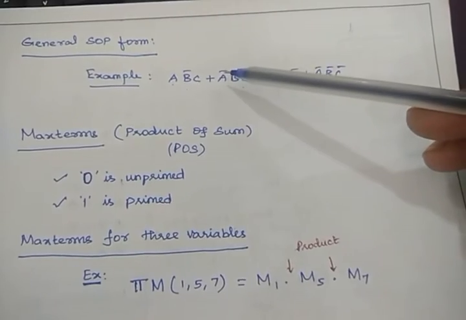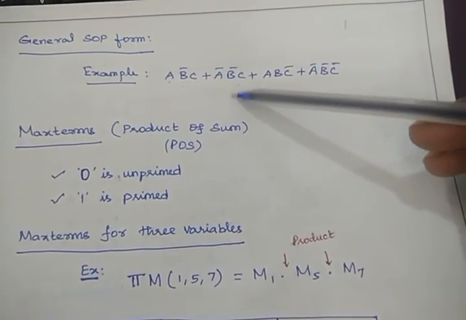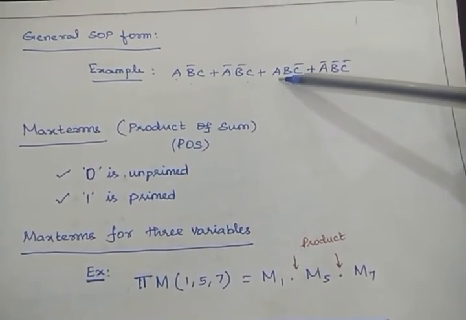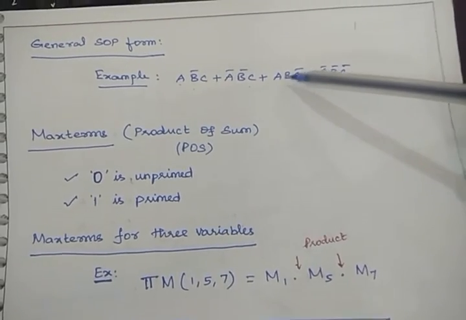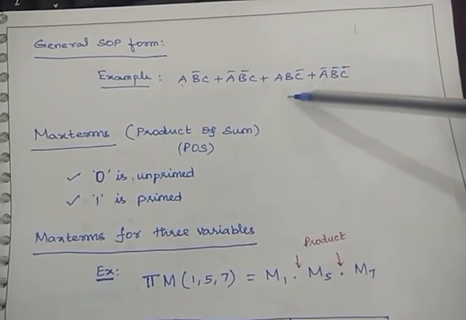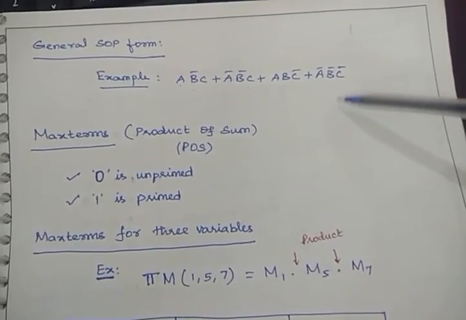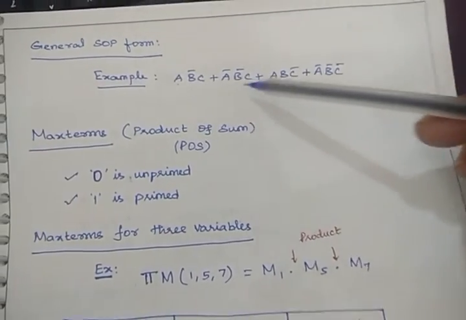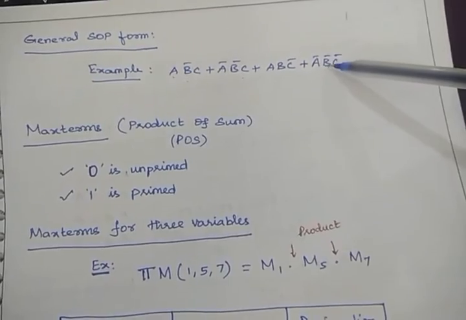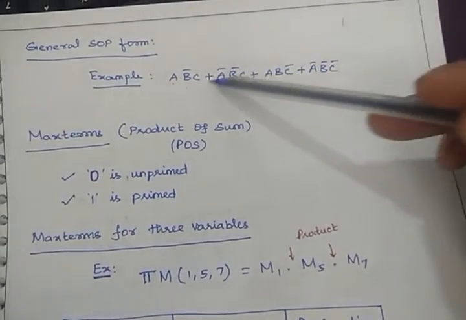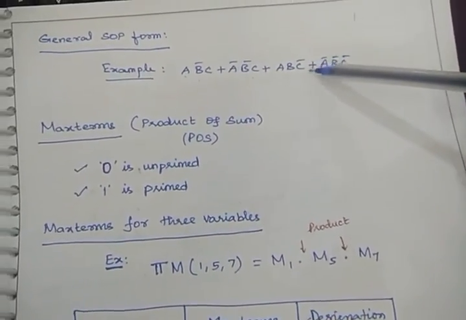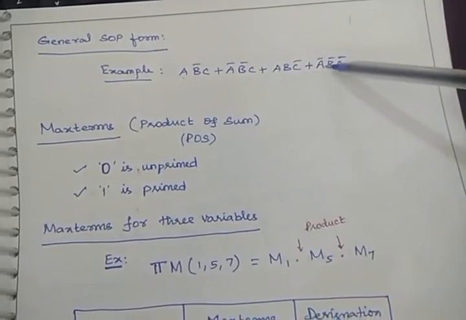And this is 0, 0, 1, that means M1. This is 1, 1, 0, which means M6. This is 0, 0, 0, M0. So these are the min terms. 4 min terms are in addition, right? This is SOP form. One example I have given.